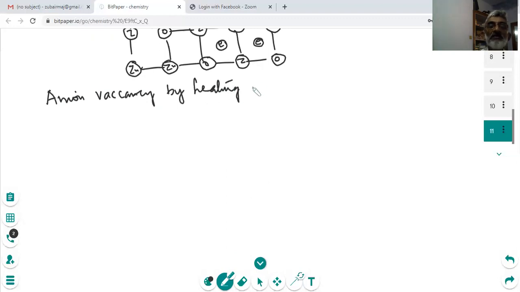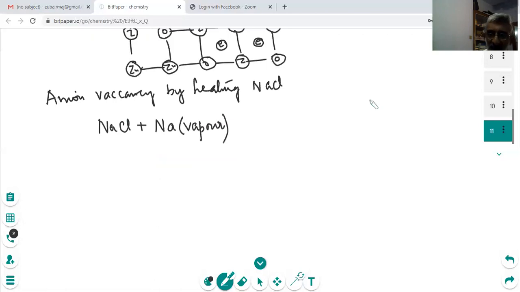What you have to do is, you take sodium chloride crystal in powder form and heat it, of course, under an inert atmosphere, in sodium vapor. How do you do it?